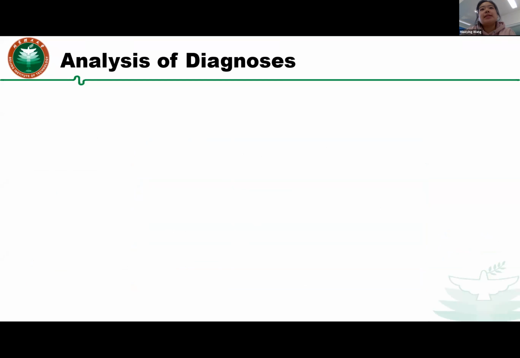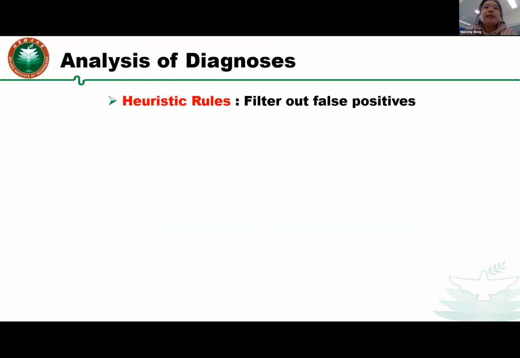Then we analyze this diagnosis. After that, we use a set of heuristic rules to filter out the false positives, which cannot reveal the bug of syntax check. For example, this piece is constructed by deleting keyword return on line 237.